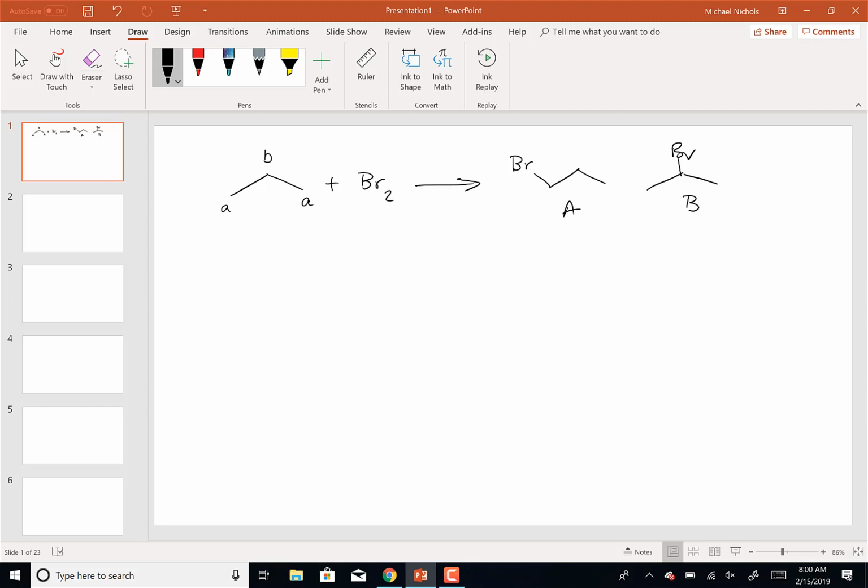And so the major product of the reaction, what is that? It's going to depend on a couple of things. It's going to depend on whether we use bromine or chlorine, because they'll give slightly different results.